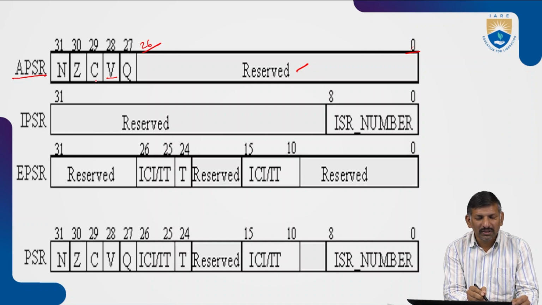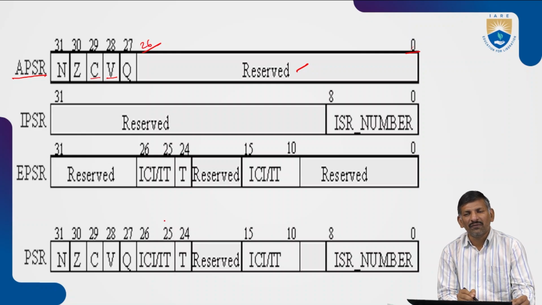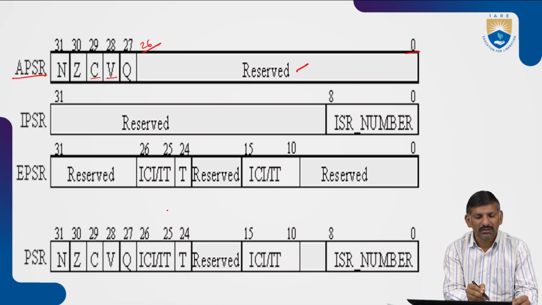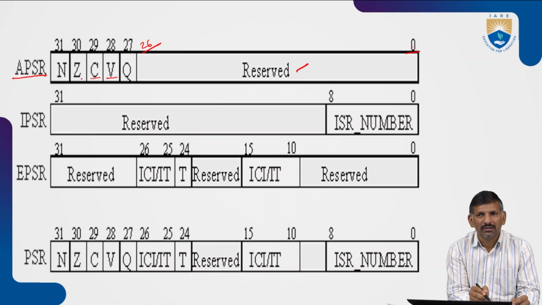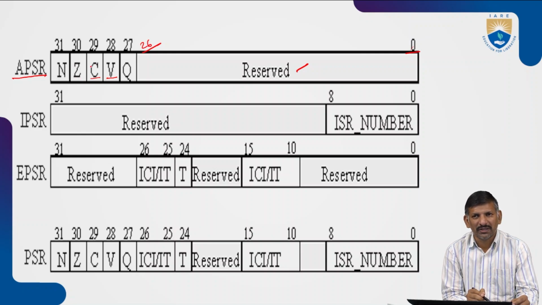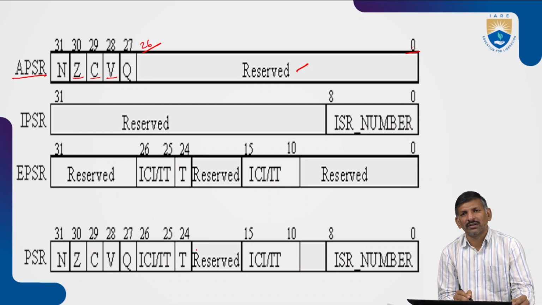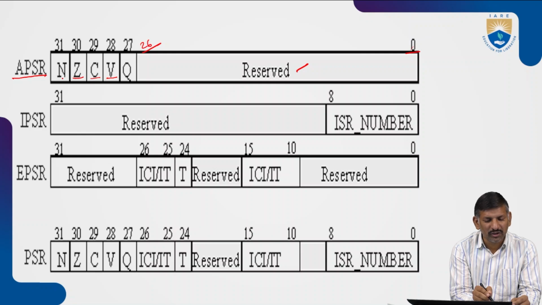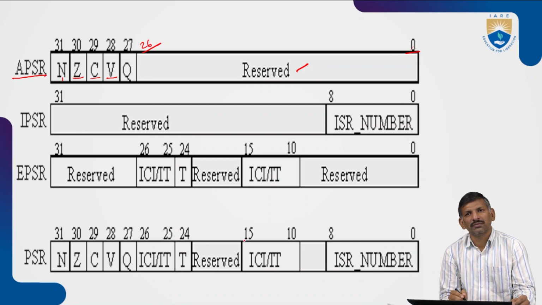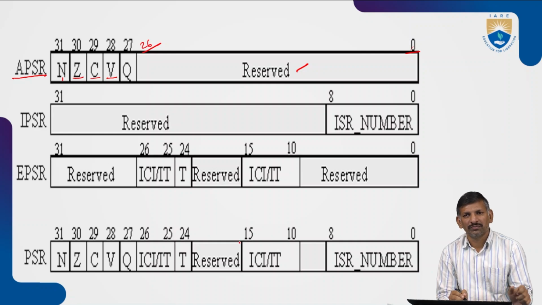Next, if a carry is generated in the result after performing the operation, the carry flag is 1. If the result is 0 after doing the operation, the zero flag is 1. If the result is negative, the negative flag is 1. Okay. By default all the flags are 0.